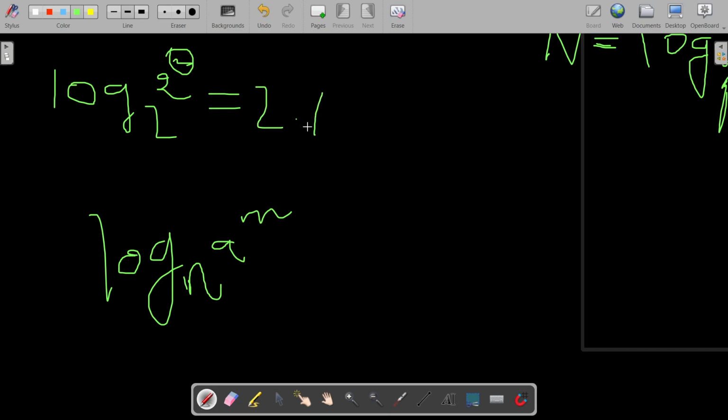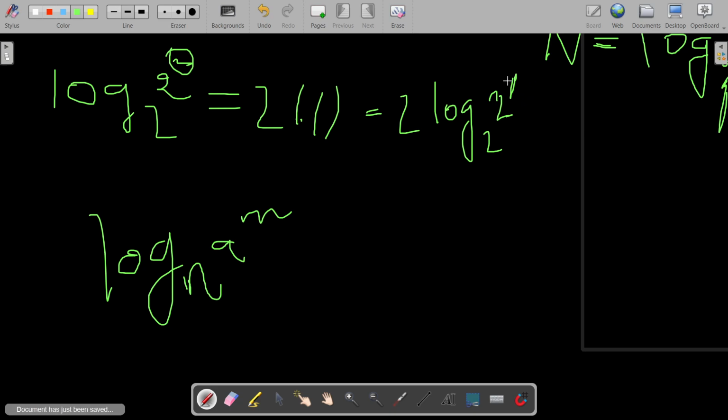So we can write 2 as 2 times 1. What is 1? We can write 1 as log 2 base 2, because here we have 2 raised to power 1. So log base 2, and in the argument the power is raised 1, so this will be 1. I wrote 1 like this.